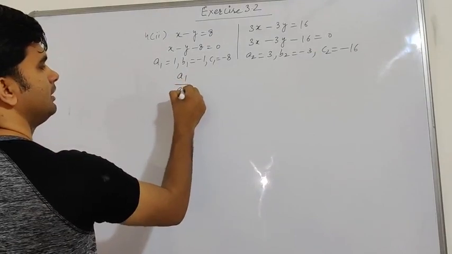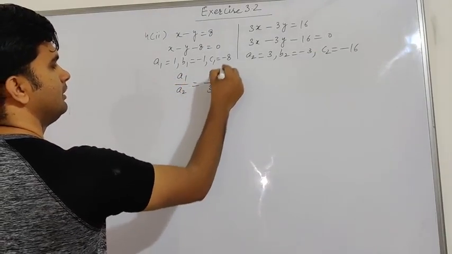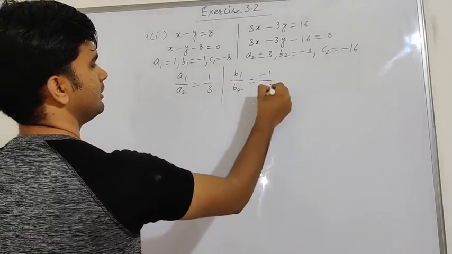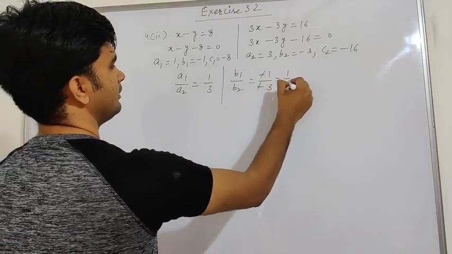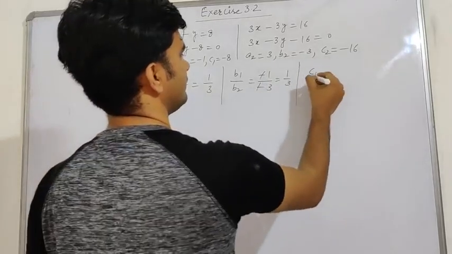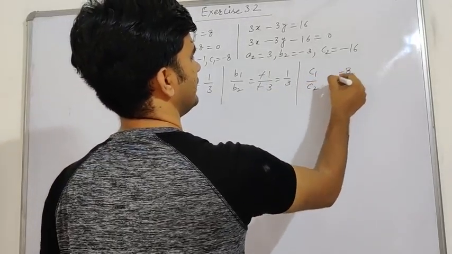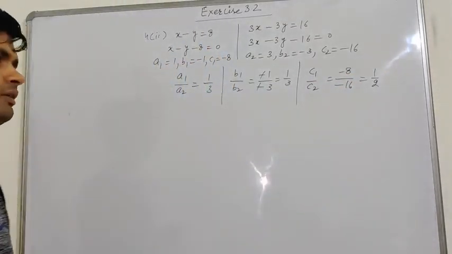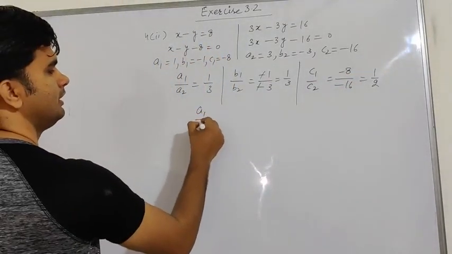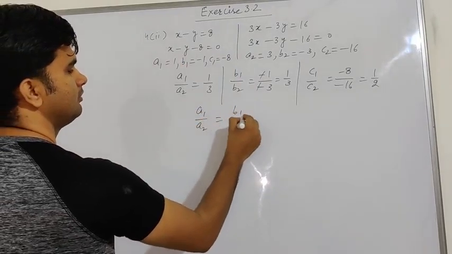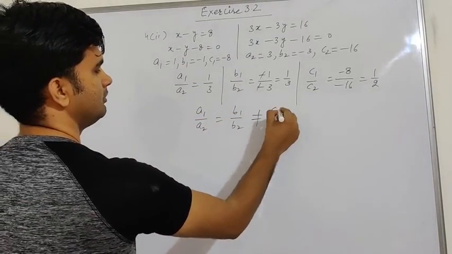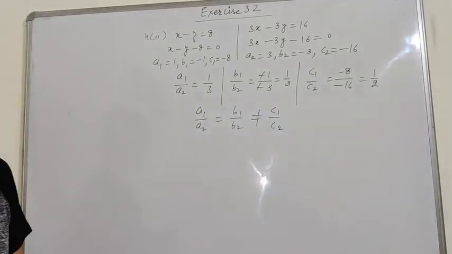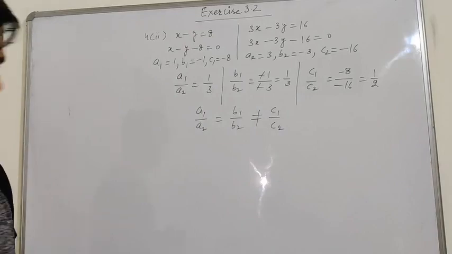Now a1 by a2, 1 by 3, b1 by b2, minus 1 by minus 3, and here c1 by c2, minus 8 by minus 16, 1 by 2. Here a1 by a2 is equal to b1 by b2 and not equal to c1 by c2. Now how many solutions exist here?